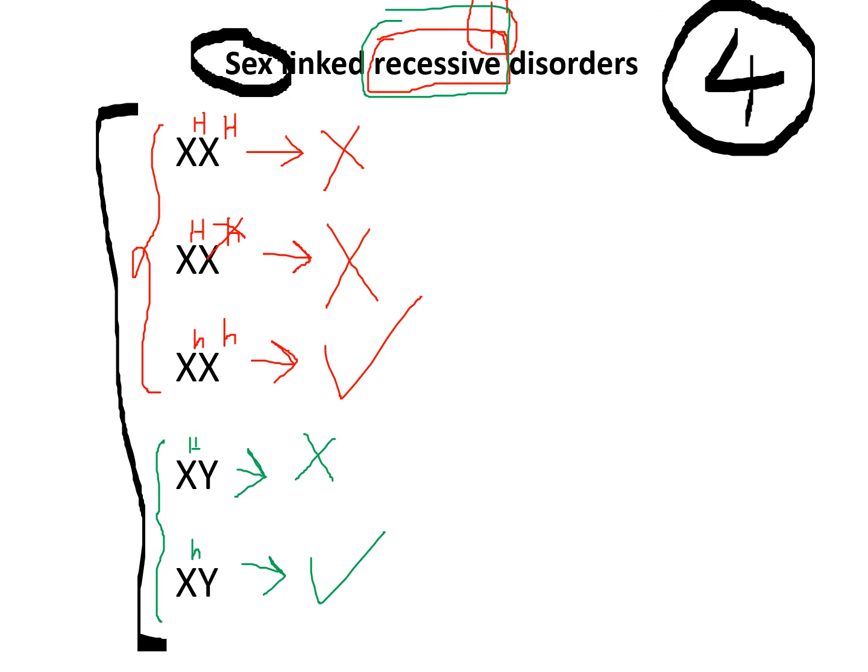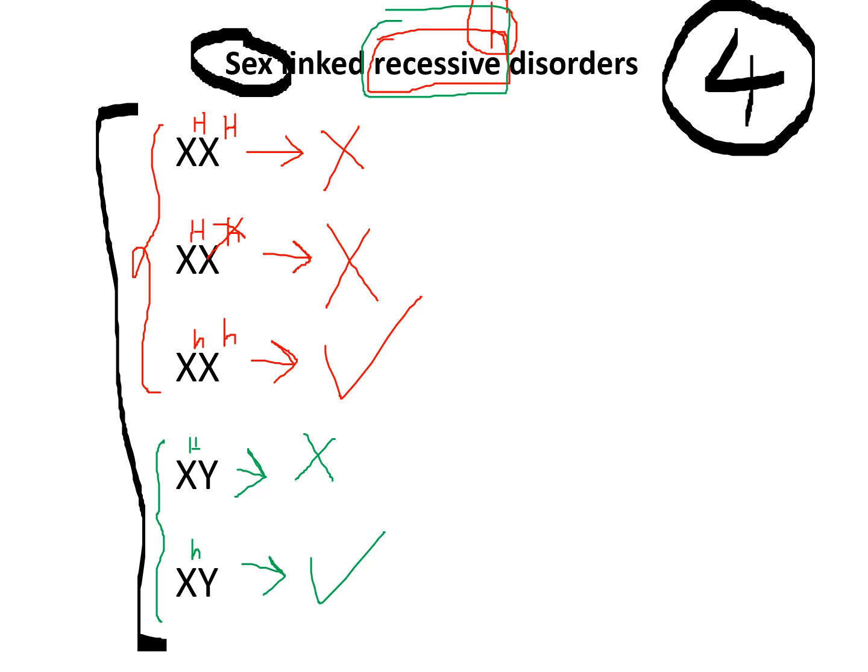There is nothing on your Y chromosome because, by definition, a sex-linked recessive disorder is a disorder found on your X chromosome which does not have a corresponding allele on your Y chromosome.